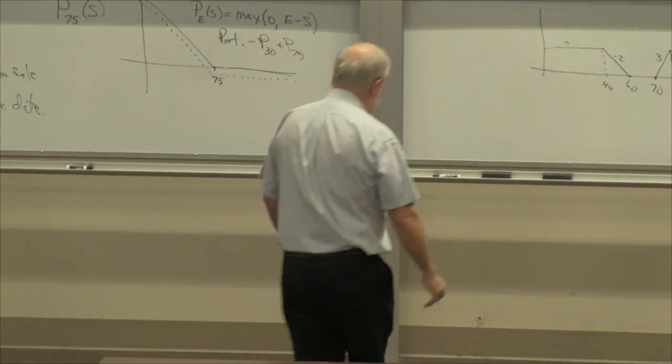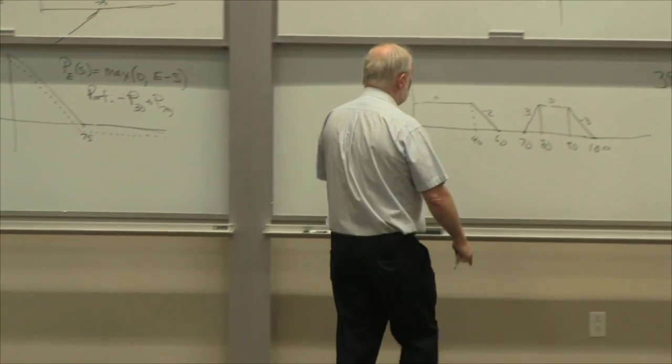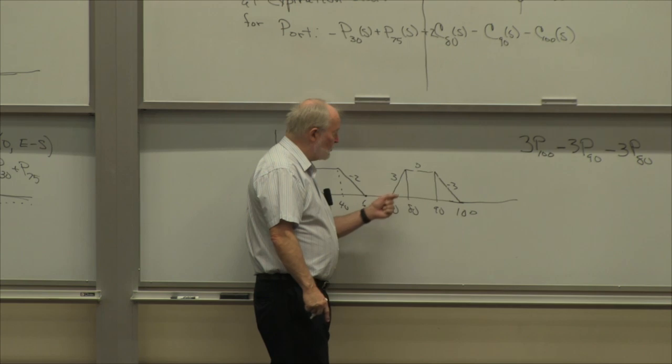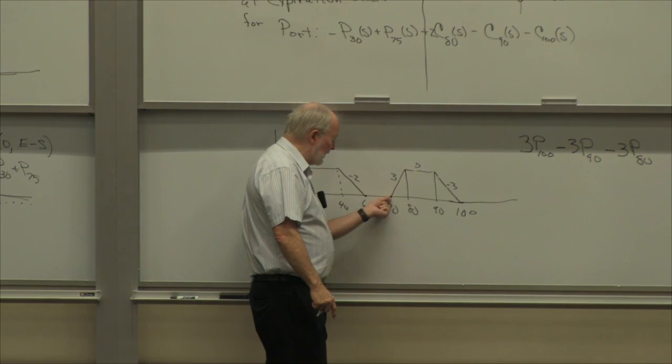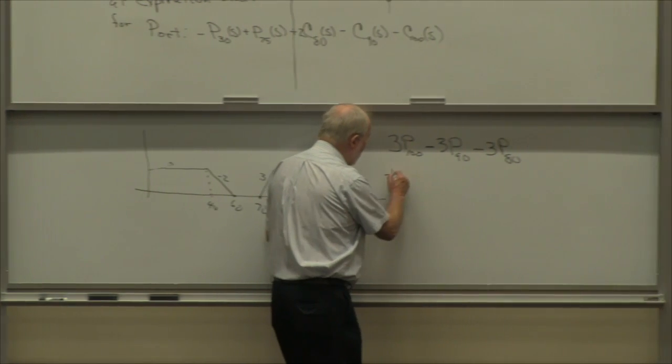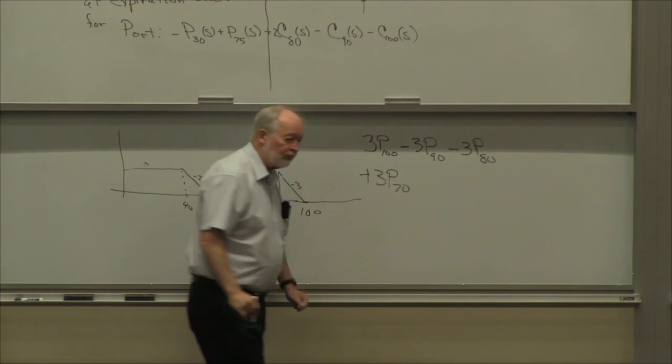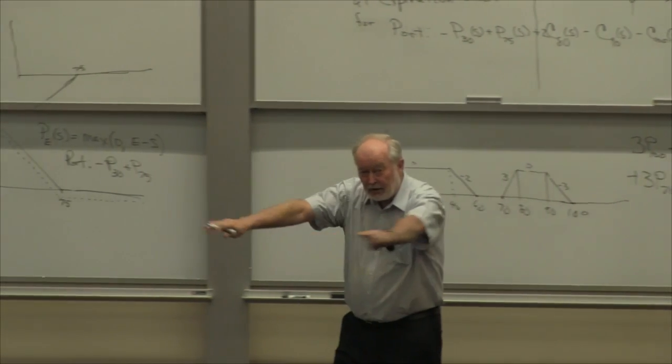Next, when I get to 70, I want to flatten out. So right here, I'm losing $3, so I got to gain $3. So I add 3 puts at 70. Now I'm going to flatten out.